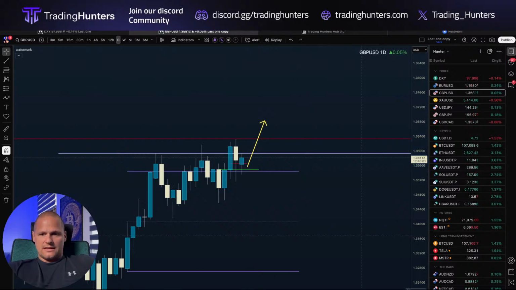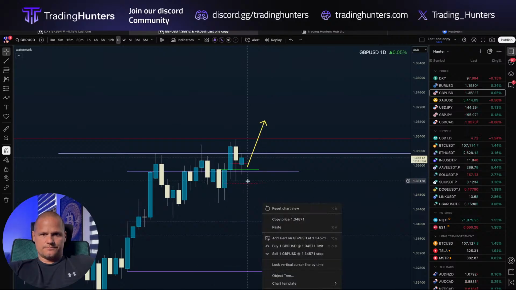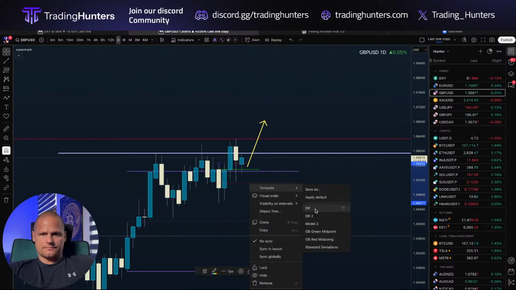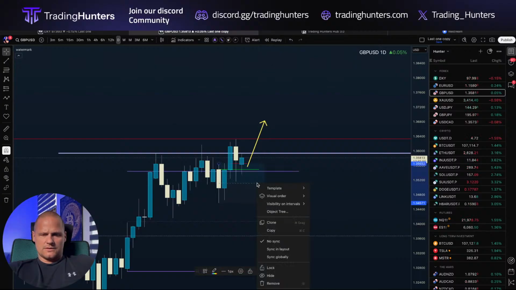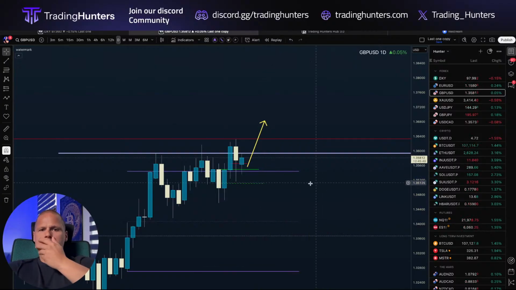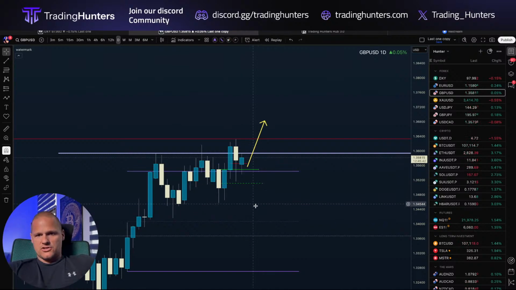So in this case, what I would do, I would simply draw this, right? This thing. Sorry. Right? And once we close below this one, on the 1 hour, then it is potential that it can go lower, right?